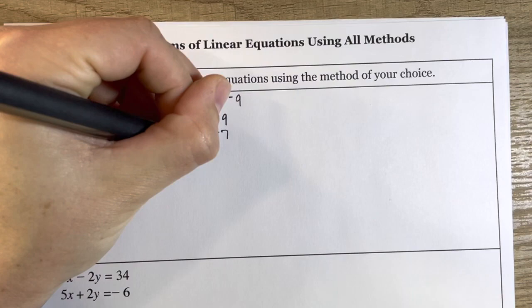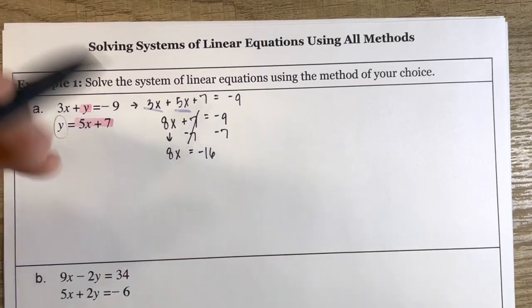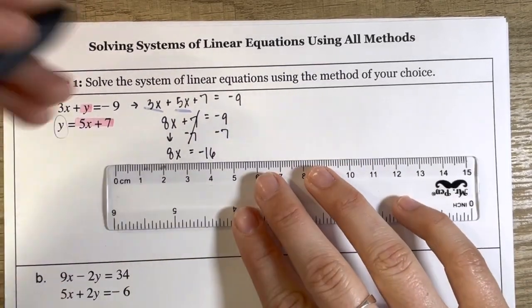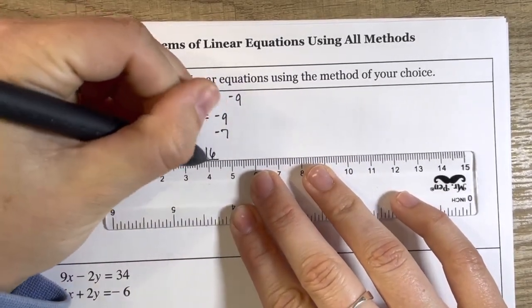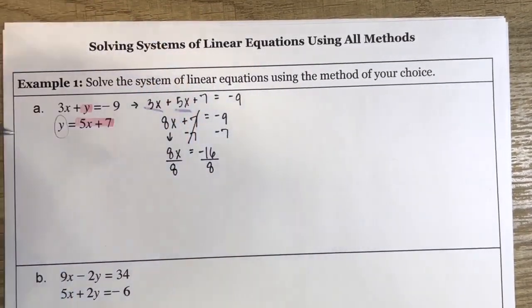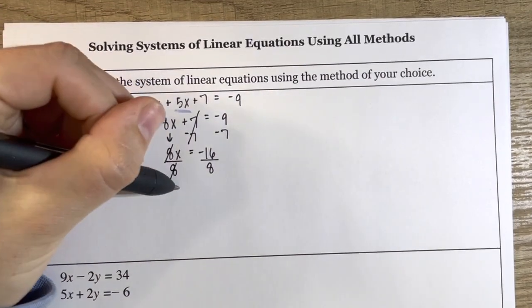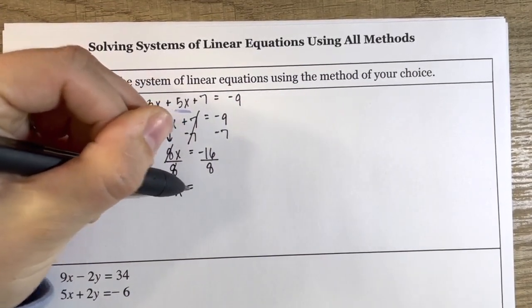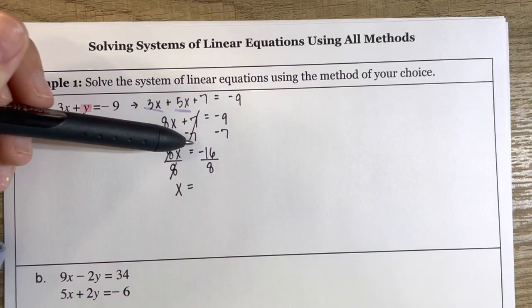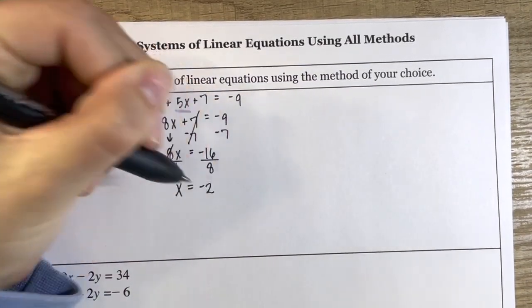So I end up at -16. And then now I have 8 times x equals -16, so to undo multiplying by 8, I'm going to divide both sides by 8. 8 divided by 8 cancels out. I'm left with just x equals, and then -16 divided by 8, that's -2.